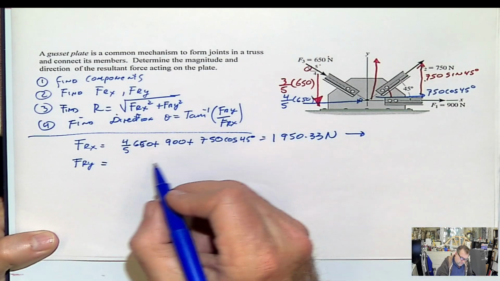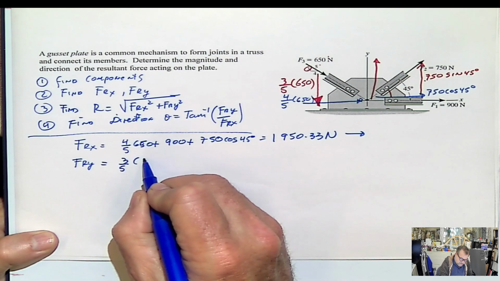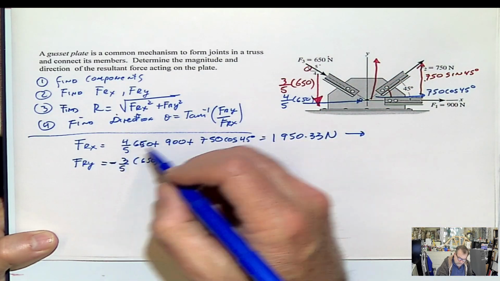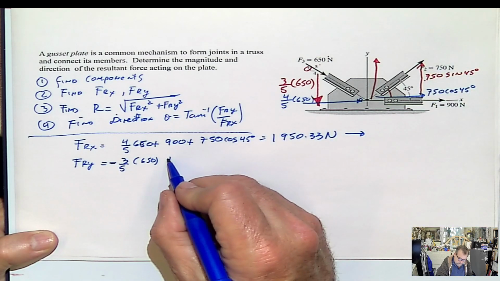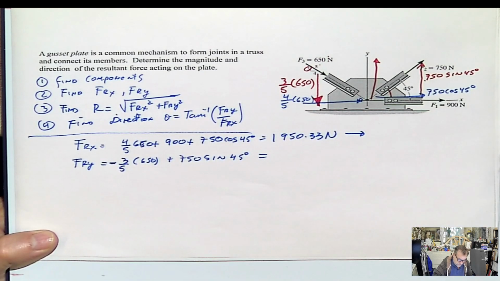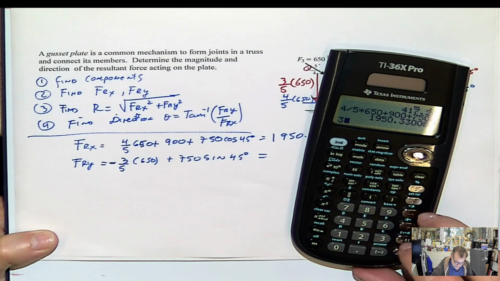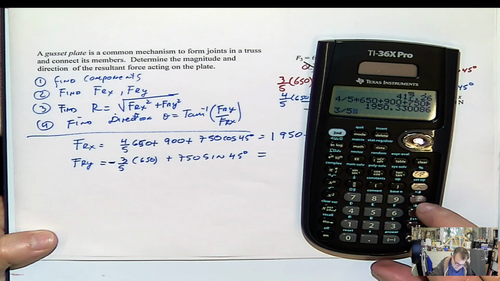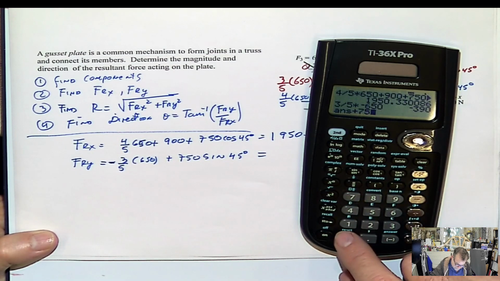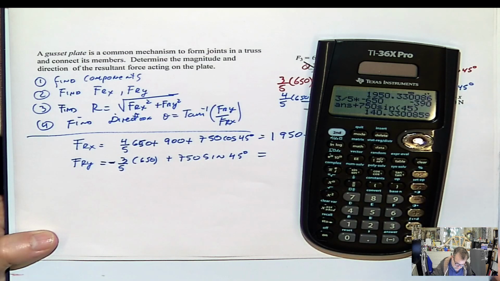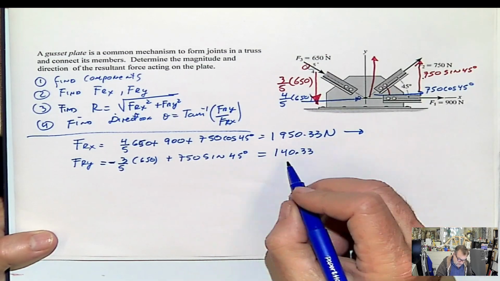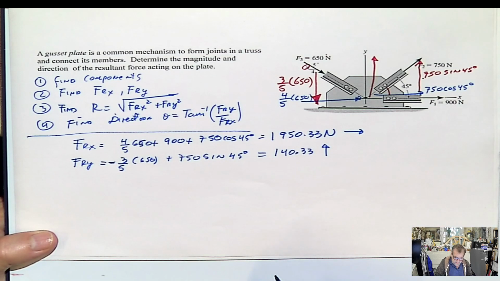So basically we have 3 over 5 times 650, but it's negative, pointing downward. And then you have this positive 750 sine 45, for a total of 3 over 5 times 650 plus 750 sine 45, that's 140.33. And because the result is positive, that means that it's acting in this way.